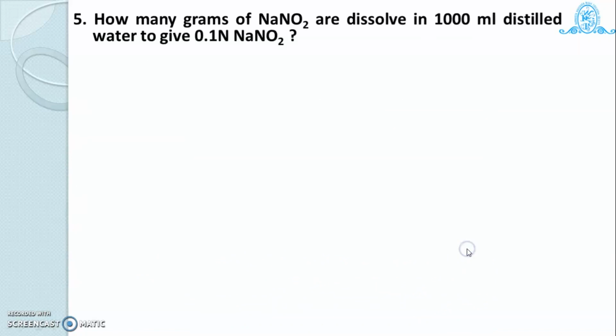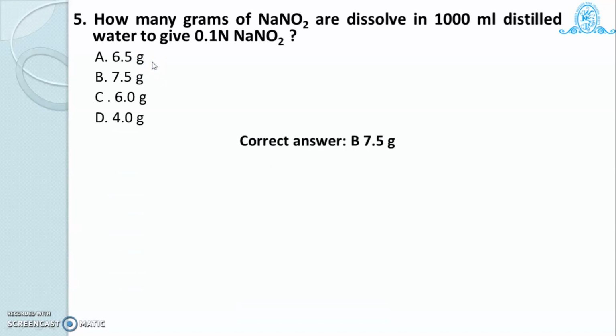Next question: how many grams of sodium nitrite are dissolved in 1000 ml distilled water to give 0.1 normal sodium nitrite solution? The options are 6.5 gram, 7.5 gram, 6 gram and 4 gram. The correct answer is B, 7.5 gram.